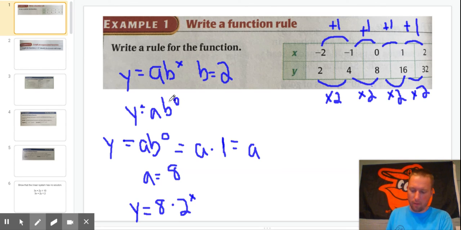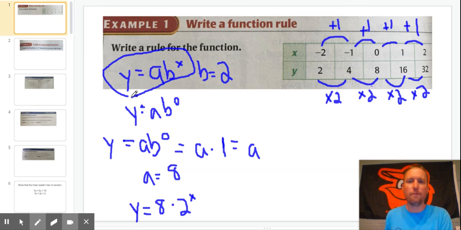When x equals 0, y equals a b to the power of 0 equals a times 1 equals a. Therefore, a equals 8, the value of y when x equals 0. And then we plug that into our rule, and we have our function rule. So I'm going to give you 4 function tables, just like this one, and I would like you to write the rule for the function in exponential form.